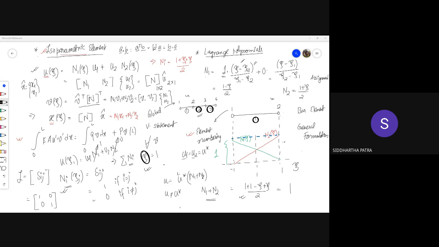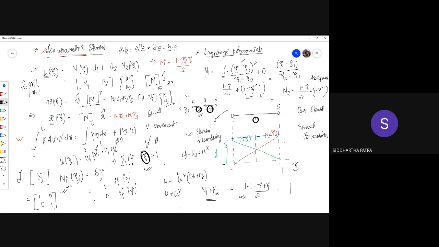Imagine if N1 plus N2 were something else, for example, if I add this quantity to N1, N1 still satisfies the condition, or if I do the same thing to N2, because this quantity is 0 whether you are at -1 or 1.